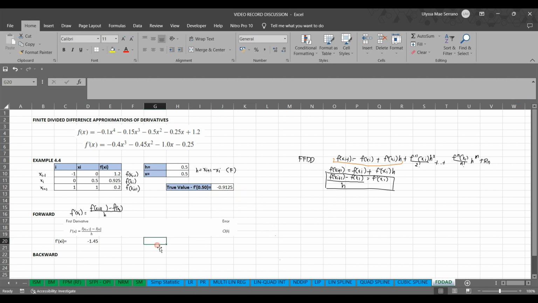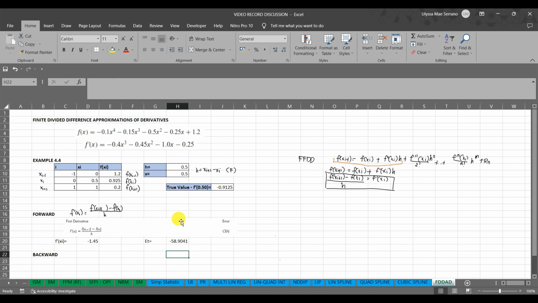So we will now be able to find epsilon sub t. It will be the true value minus the approximated value, divided by the true value, multiplied by 100. So we were now able to have the value of 58.9% true percent relative error of the first derivative of the function applying forward finite divided difference.